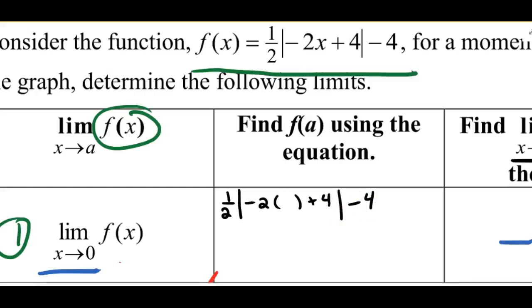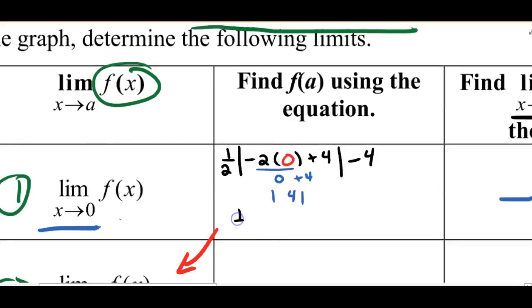And I can plug in that my x value is 0. Doing the math then, -2 times 0 is 0, plus 4 is 4. So I have 1/2 of 4 minus 4 equals 2 minus 4 equals -2.